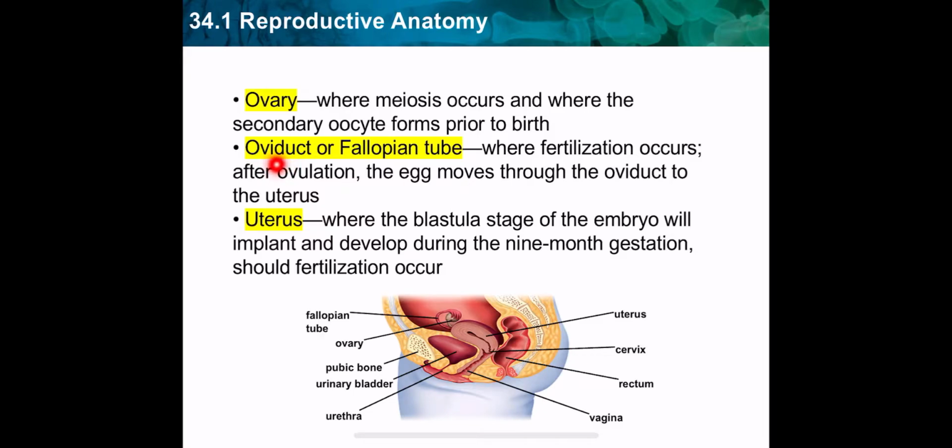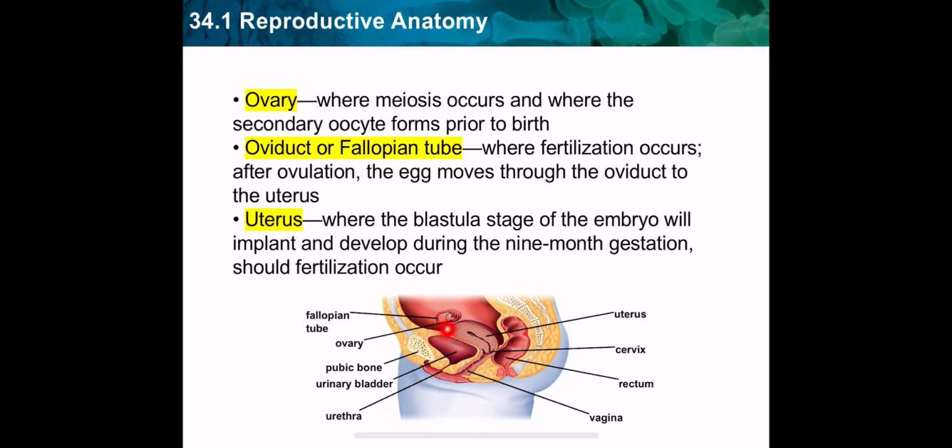After that, oviduct or fallopian tubes. Those are the oviducts or fallopian tubes, near the ovary. This figure is for only one side. So there is one fallopian tube, and on the other side, on the left side, there is another one.